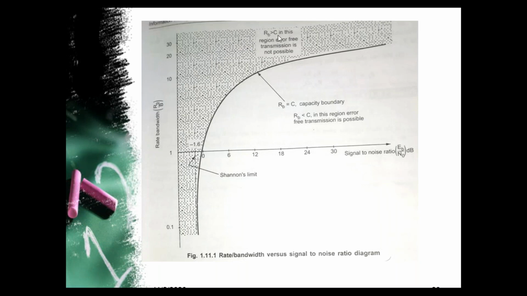If we plot RB equal to C, then we get this particular plot. Then we can see some more cases, that is what is meant by Shannon's limit.